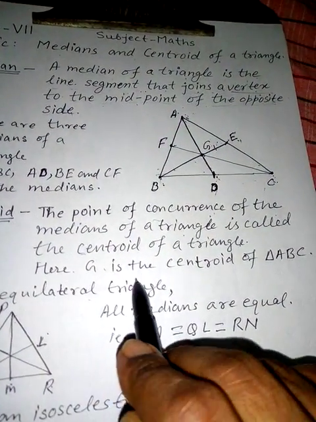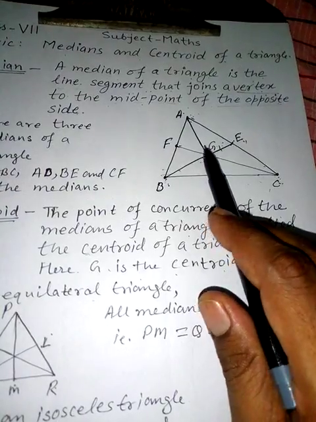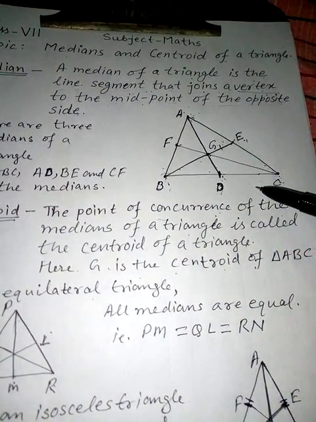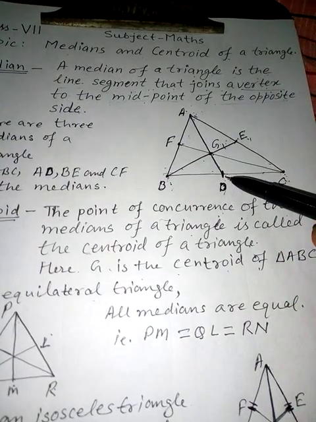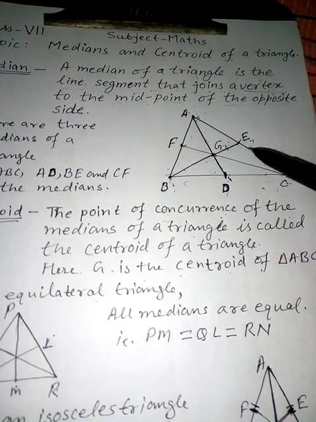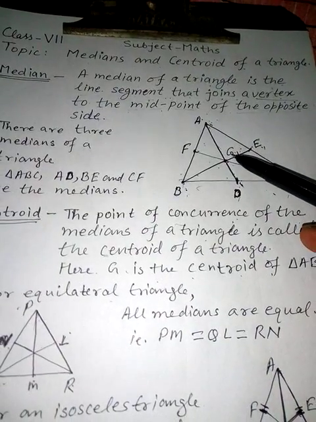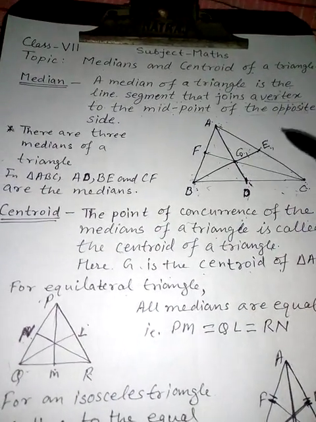Here G is the centroid of the triangle ABC. In this triangle ABC, all these medians AD, BE and CF are concurrent at G. So G is the centroid of this triangle.